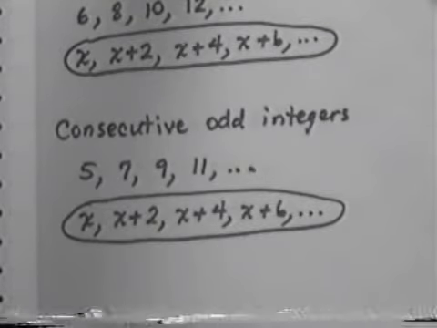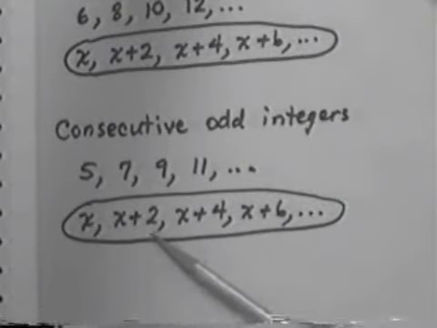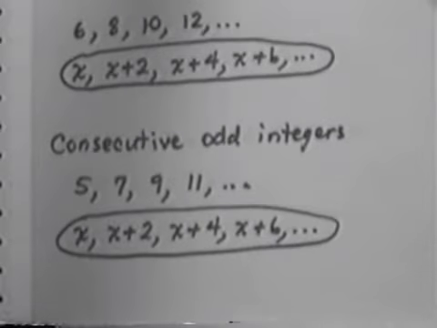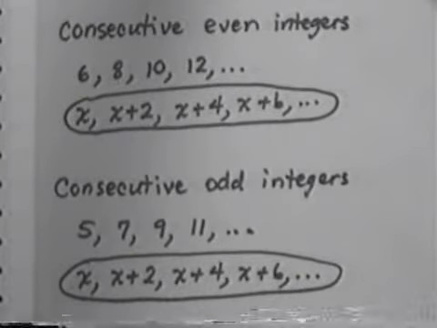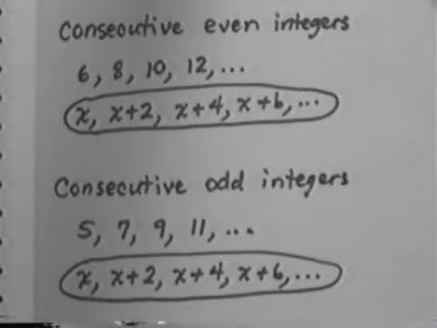Now you notice something strange. The formulas for consecutive odd integers and the formulas for consecutive even integers are identical. They are exactly the same. How can that be? Notice that it's all in a matter of where we begin.